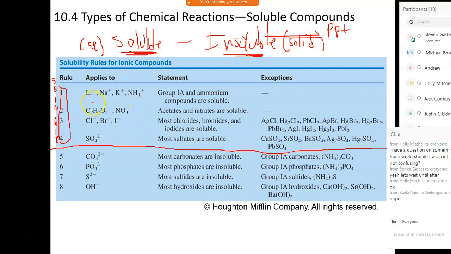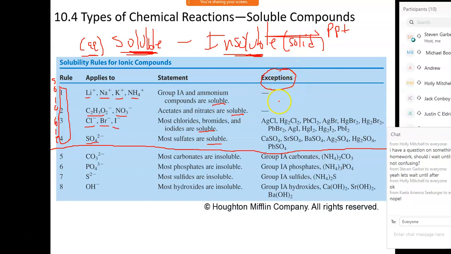So any molecule that has a lithium, a sodium, a potassium, an ammonium, an acetate, a nitrate, a chloride, a bromide, an iodide, or a sulfate is always soluble or aqueous. Notice, soluble, soluble, soluble, soluble. They're all soluble. However, there are a few exceptions.